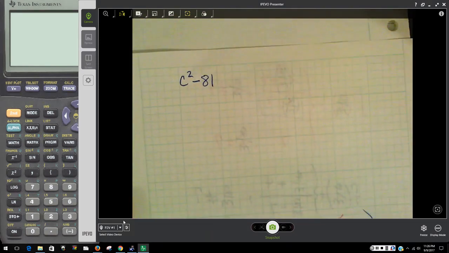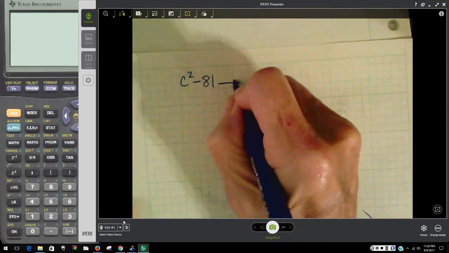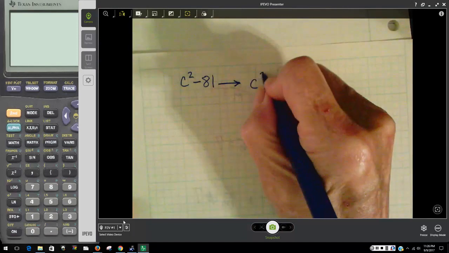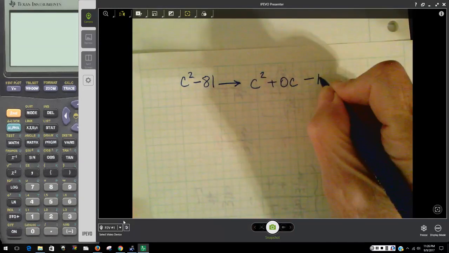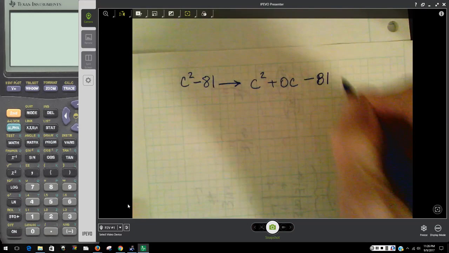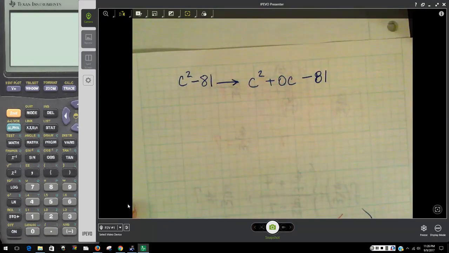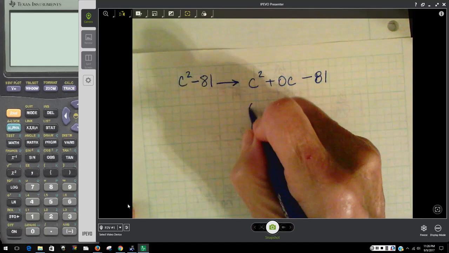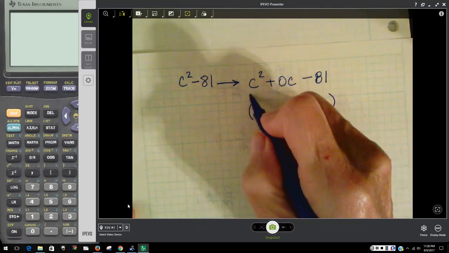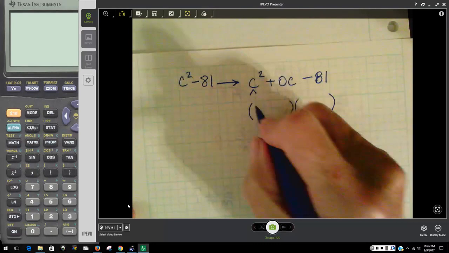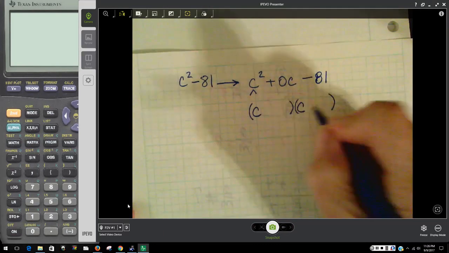We have c squared minus 81, which used to be a trinomial. c squared plus 0 times c minus 81. We're going to factor this exactly the same way that we factored before. We know that the only thing that gives us c squared is c times c.